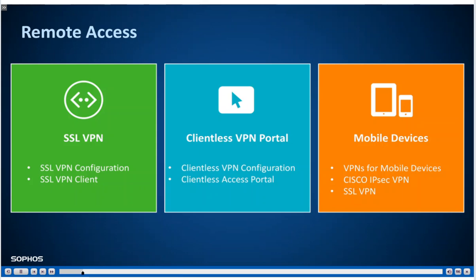Sophos XG Firewall supports remote access via IPsec, SSL, L2TP over IPsec, PPTP, clientless access, and the Cisco VPN client. In this module, we will look at remote access using SSL VPNs, the clientless VPN portal, and enabling remote access for mobile devices.